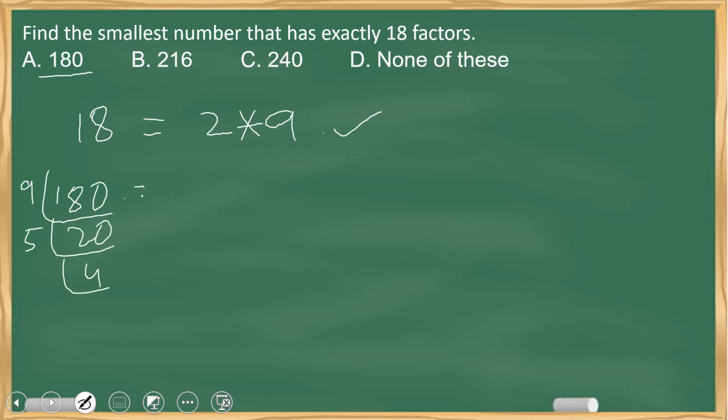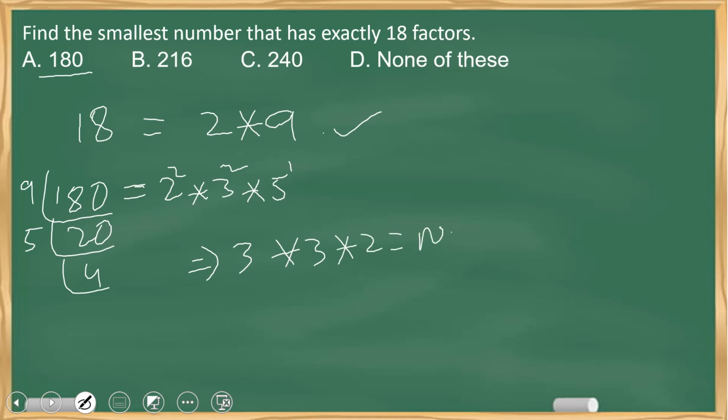So 180 can be written as 2 square into 3 square into 5 power 1. So that is equal to 3 into 3 into 2. That is equal to the number of factors. That is equal to 18. So here you are getting this 18.